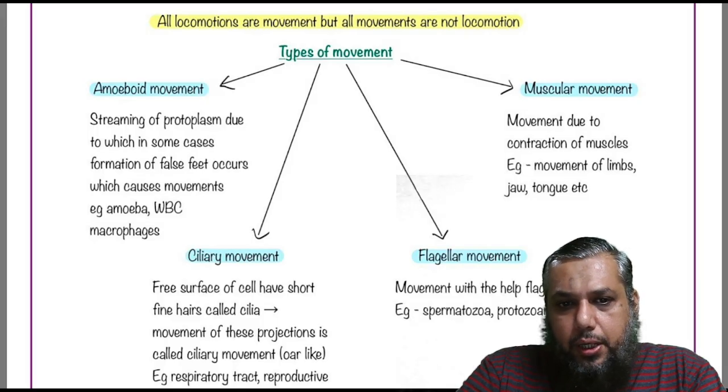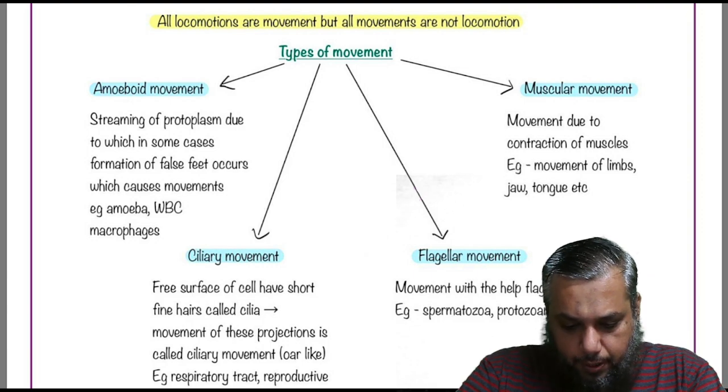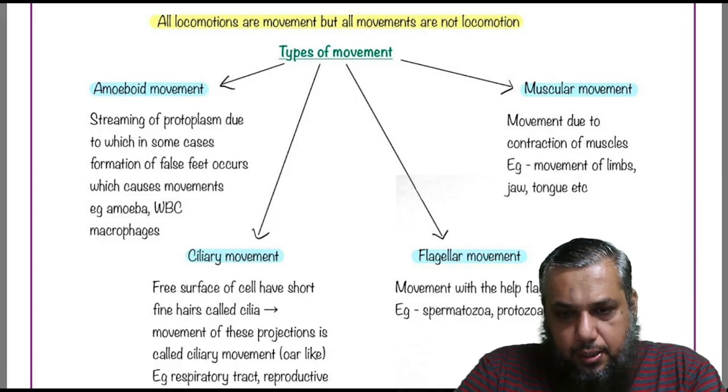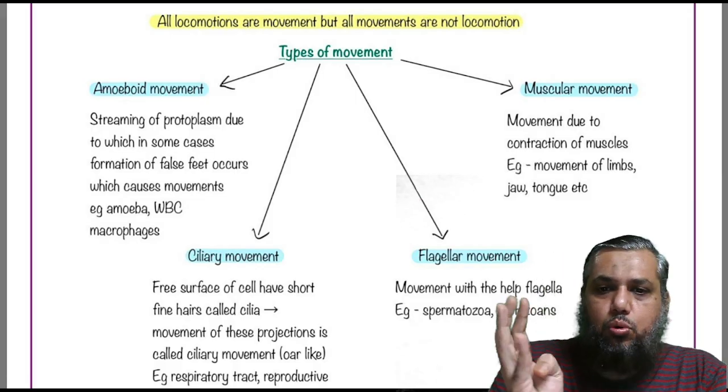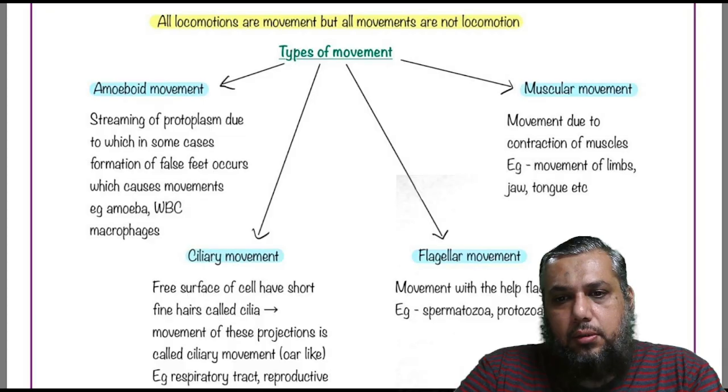Then the second type of movement is the ciliary movement. And this ciliary movement is brought about with the help of cilia. And these cilia are the small hair-like projections. And these cilia move like oars. एक घोड़ी के चप्पू जैसे.